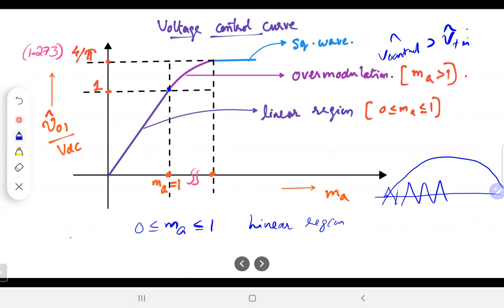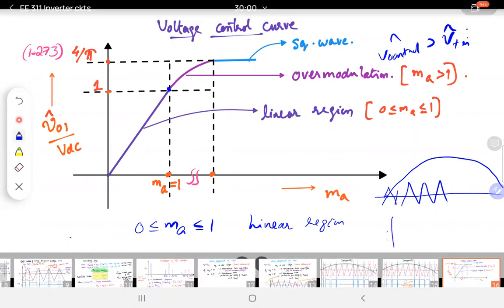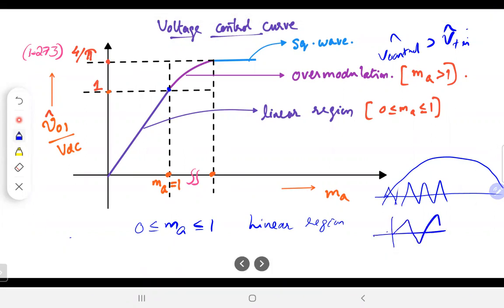If you choose the slope of the sine greater than the triangle and the magnitude is larger, then you are never going to have any pulses here. This is always faster, and therefore you will never get any pulse.